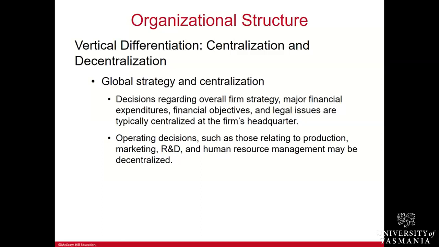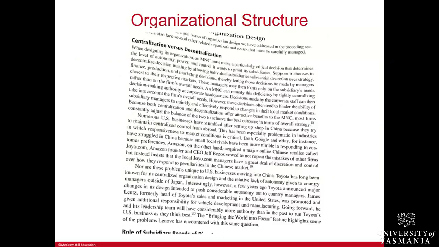That's why we say centralization and decentralization can be applied in one business model together, in different stages of the business. I also put here another source of explanation, which is comparing centralization and decentralization.